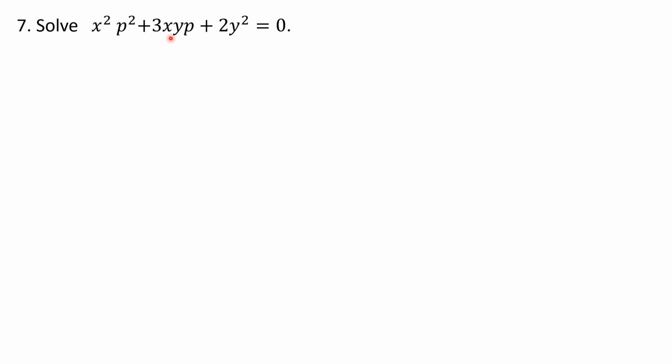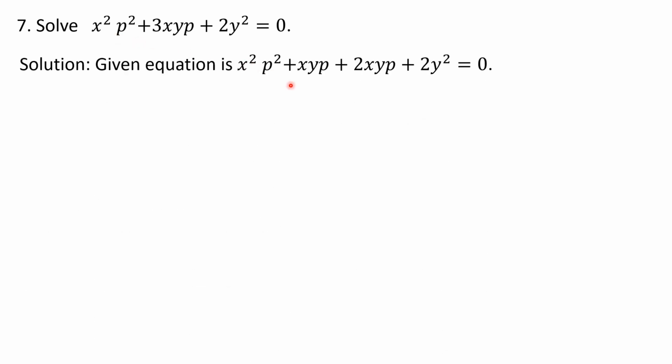So 3xyp I can split such that xyp plus 2xyp, correct? So we know that basic concept. The product should be equal to x square into 2y square, 2x square y square p square, and the sum should be 3xyp.